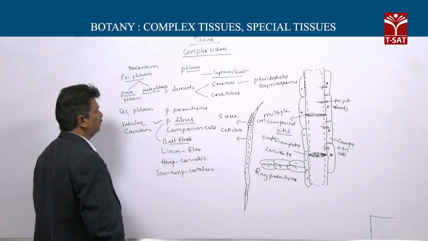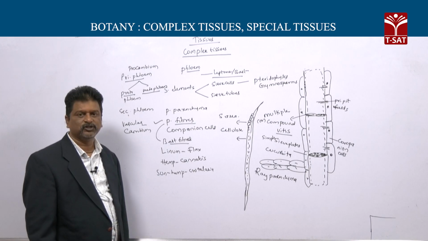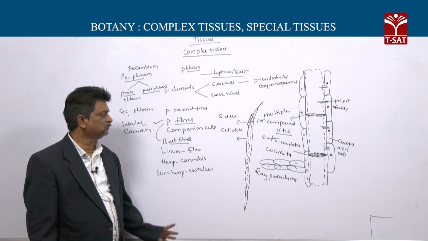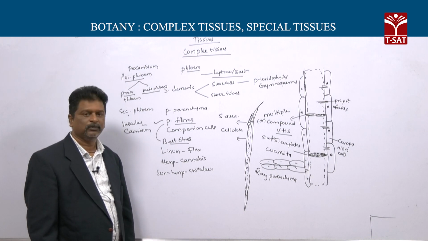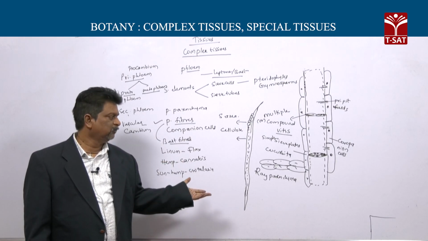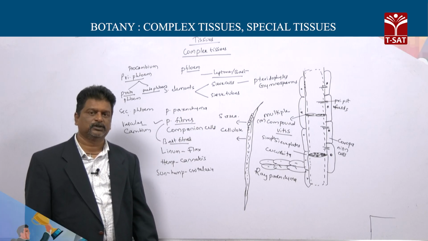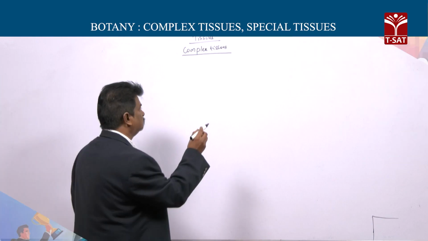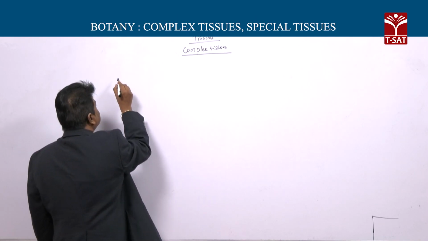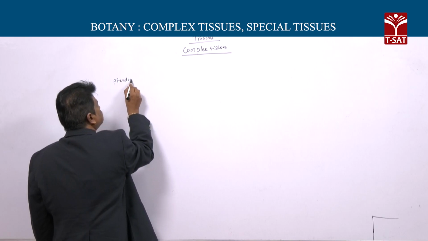And this phloem shows only one type of differentiation, that is centripetal differentiation. So this is about phloem, and the function of phloem is that it helps in conduction of food materials.